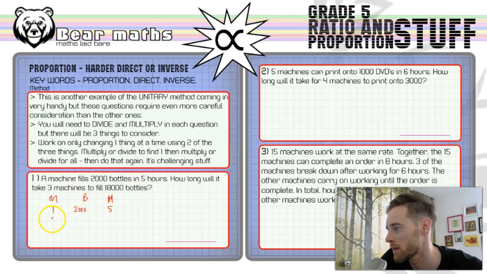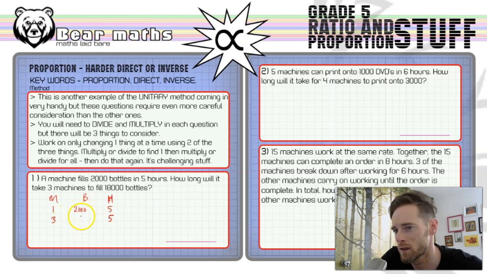So if we take the 1 and turn it into 3, how many bottles can 3 do in 5 hours? Let's leave the hours the same. We're leaving one of the things the same at the moment, and we'll see how many bottles 3 can do in 5 hours. Well, that means they can do 3 times the amount.